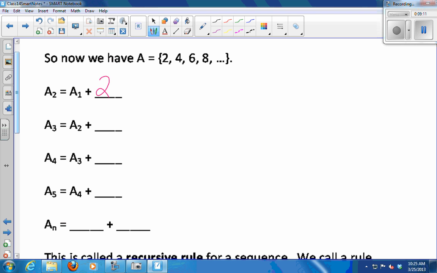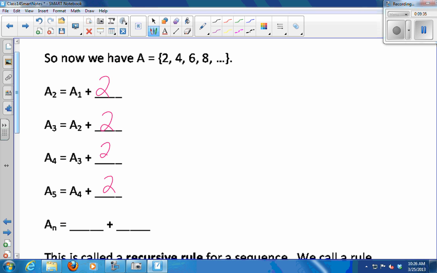2. So A3, which is 6, is equal to A2, which is 4, plus what? 2. And then A4, which is 8, is equal to A3, the number right before it, plus 2. A5 is A4 plus 2.